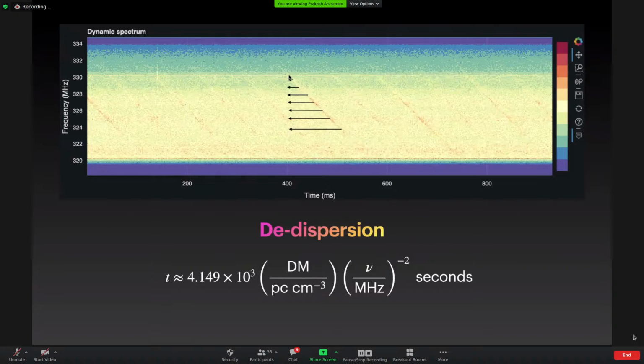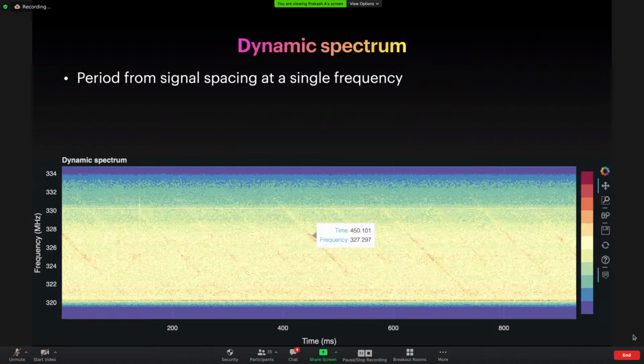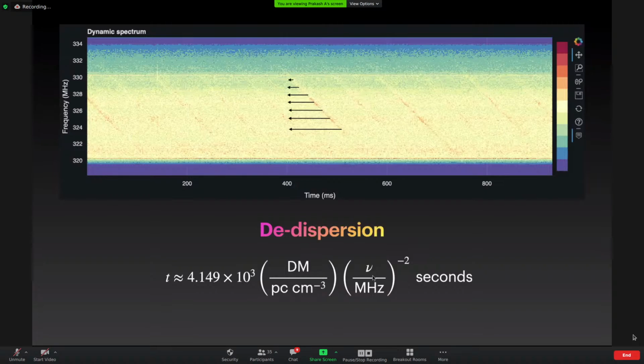What you can do is pick a high enough frequency. Yeah, so you have this expression, which is for a particular frequency, the delay with respect to infinite frequency. But you can take two different frequencies and write the same expression. And since you have a rough value of the DM from the task that we did earlier, you can substitute that here and find the expected delay between any pair of frequencies, right?